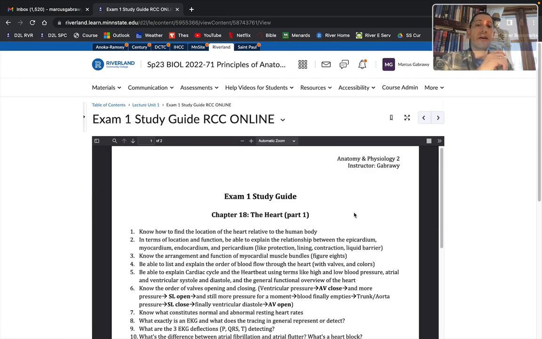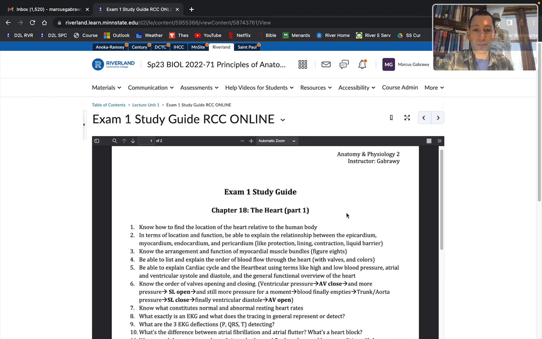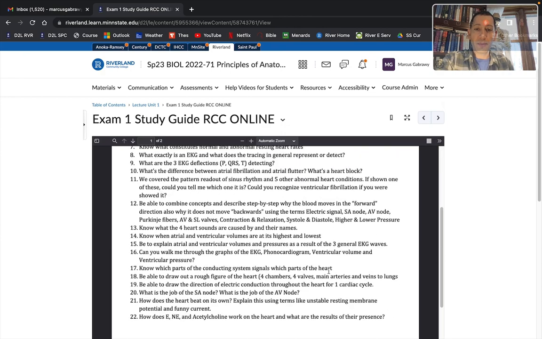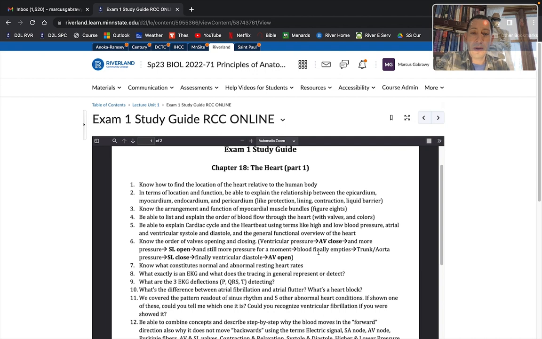All right, and remember, guys, when you're on D2L, if it's a heavy-duty file, you're best off downloading it instead of trying to view it or stream it online. But this is obviously just a couple page document, so you can just click right on it.